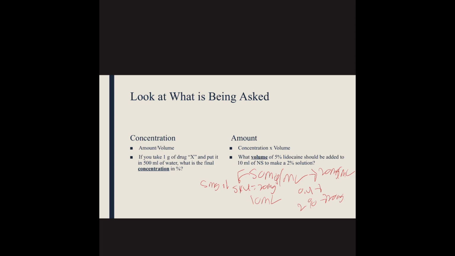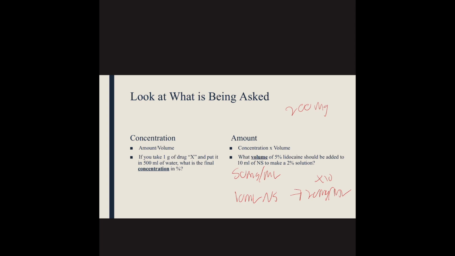So this one says what volume of 5% lidocaine, we know 5% is 50 milligrams per milliliter, should be added to a 10 mL normal saline syringe to make 20 milligrams per milliliter. There's going to be 10 milliliters in the solution and we want 20 milligrams per milliliter total, so we multiply 20 times 10, which is 200 milligrams in this vial total.